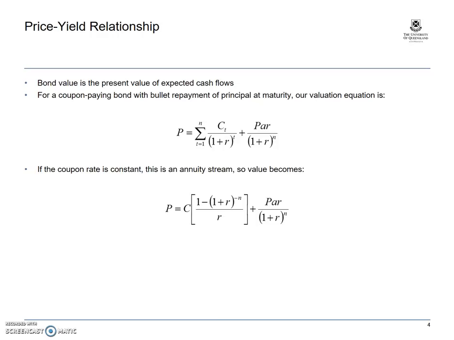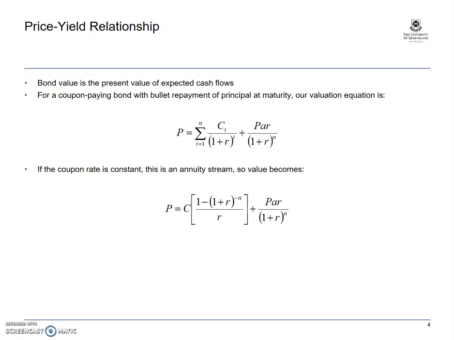Well, the future cash flows are the coupon payments, which we refer to in the formula here as C. And depending on the maturity, from T beginning at 1 up to the nth period, N being when the bond matures, we'll receive coupon payments at each of those periods. At maturity, so at N, we'll also receive the par value or the principal back, and so we have to discount that principal payment back as well.